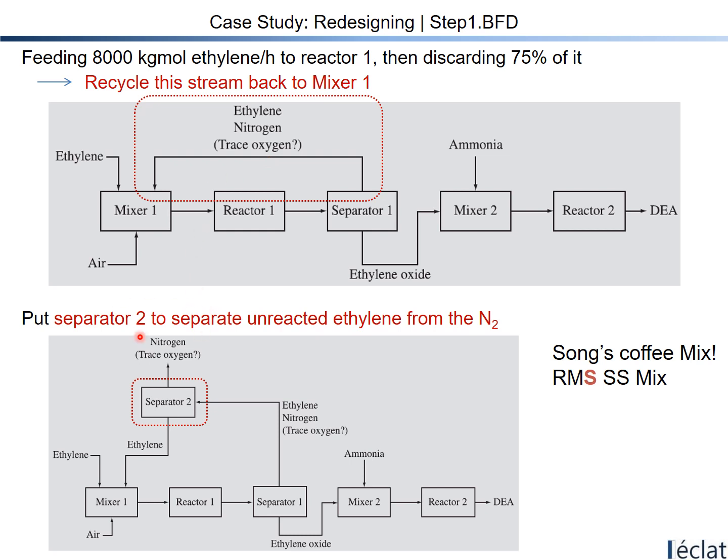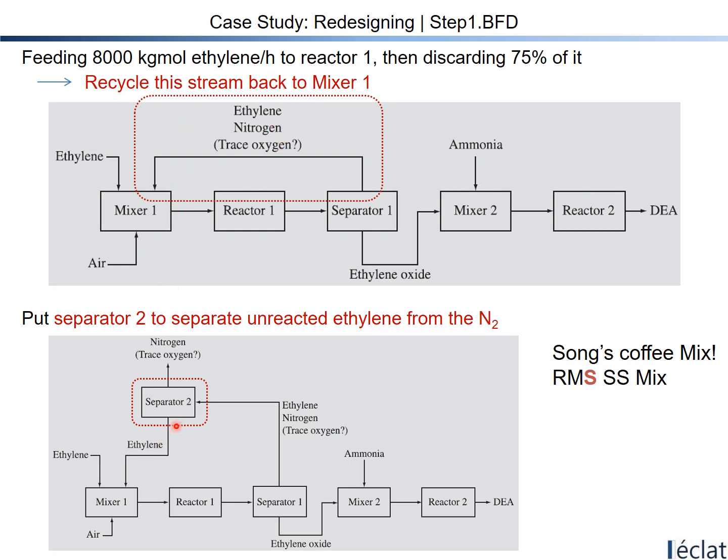One more consideration. Put separator 2 to separate unreacted ethylene from the N2. So in the first case, we have just fed back the mixture of ethylene, nitrogen, and trace oxygen into mixer 1.